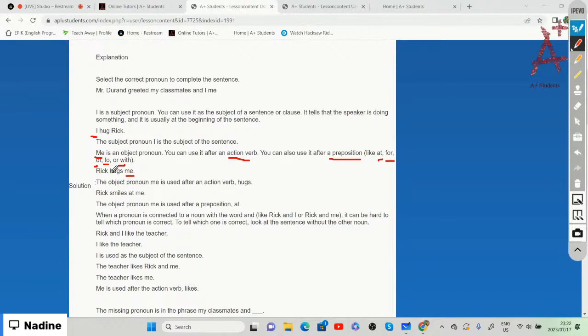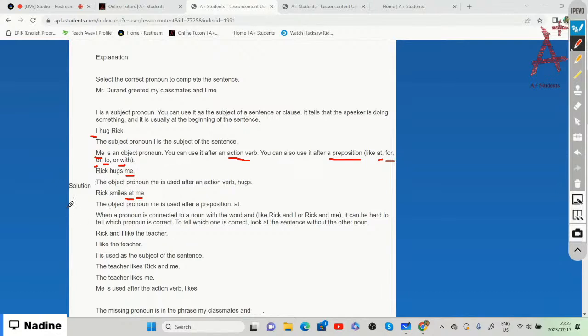And then we have the pronoun me, which is an object pronoun, and that usually comes after an action verb or after a preposition within a sentence. For example, Rick hugs me. Me is the object pronoun that comes after the action verb, which is hug. Then we also have Rick smiles at me, right? Me being the object pronoun, which is after at, which is the preposition.